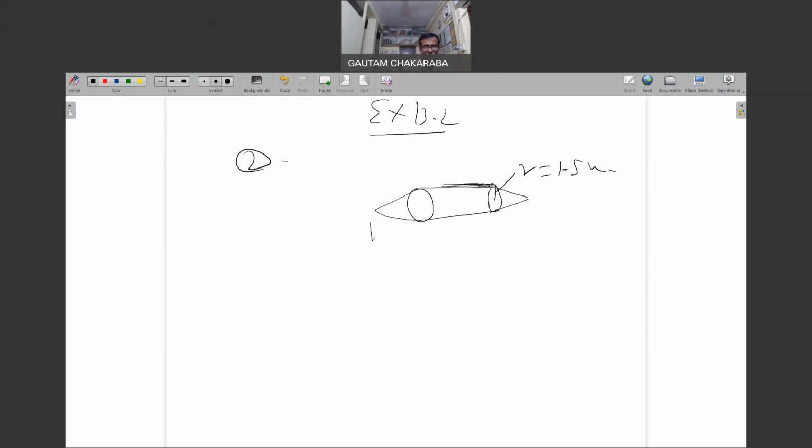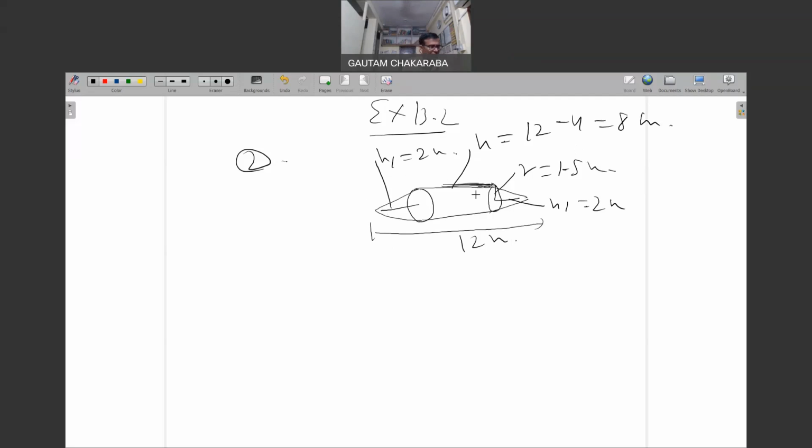Length is 12 means total length, and each cone has height 2 centimeter, cone height 2 centimeter. And the volume of the air contained in the model: the height of the cylinder is total length 12 minus 2 and 2, minus 4, that is 8 centimeter, right?